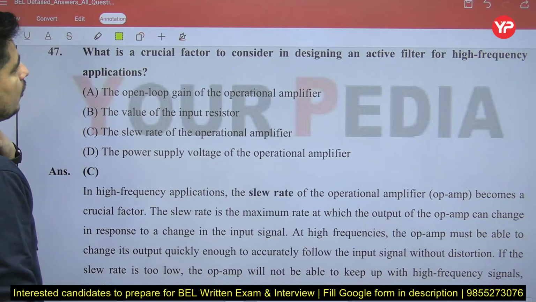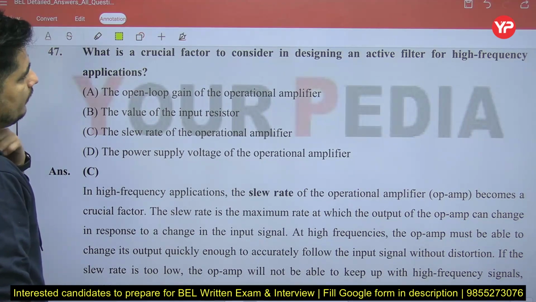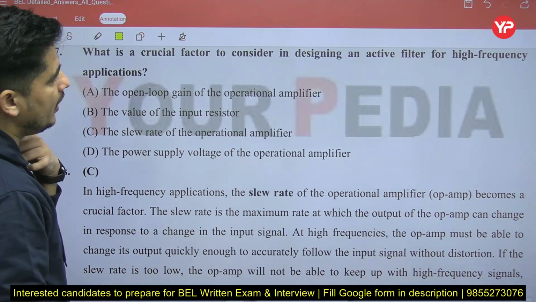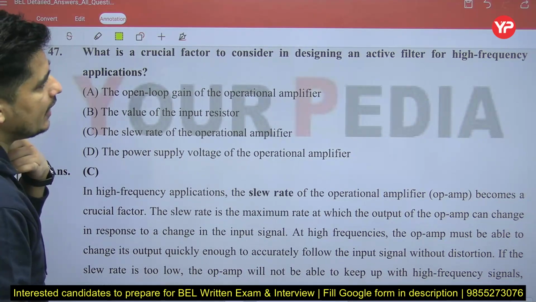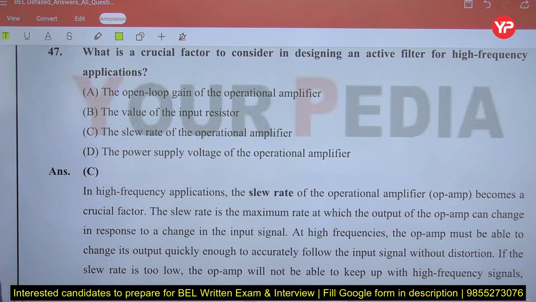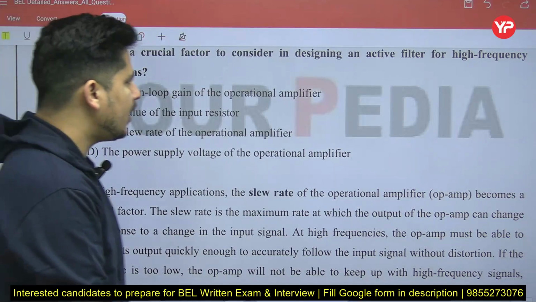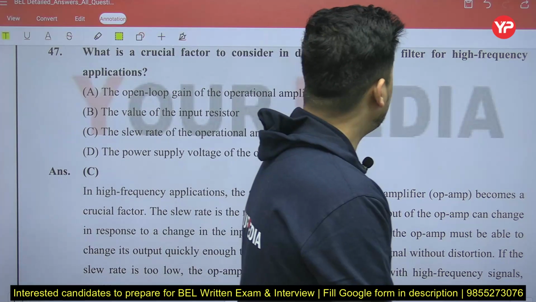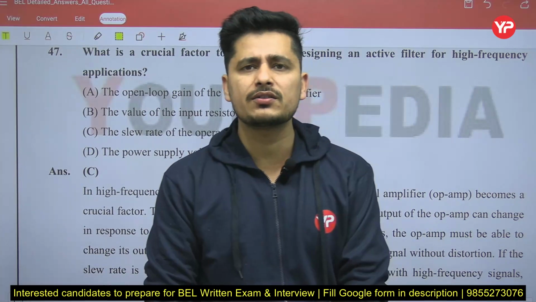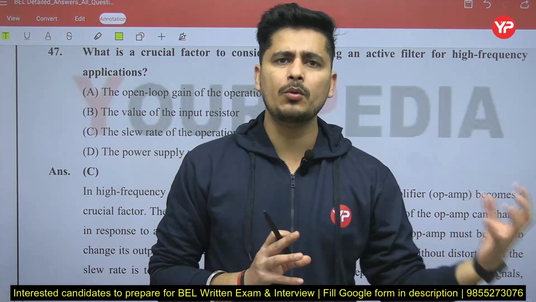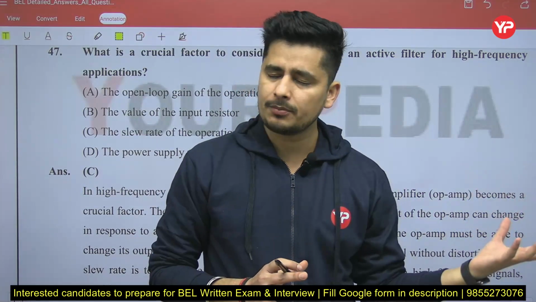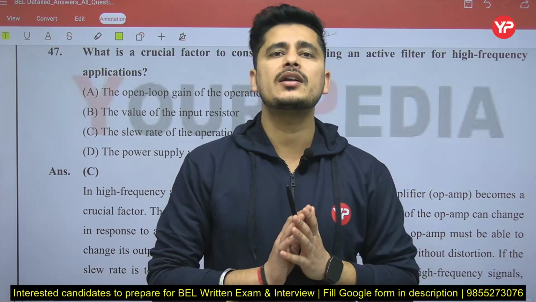What is the crucial factor to be considered when designing active filters for high frequency applications? See, basically when you are designing active filters we generally use op-amps, right? In an op-amp, what is the most important thing? Generally we can use an op-amp anywhere, but there is a term called slew rate.